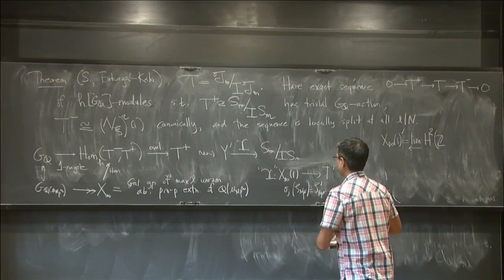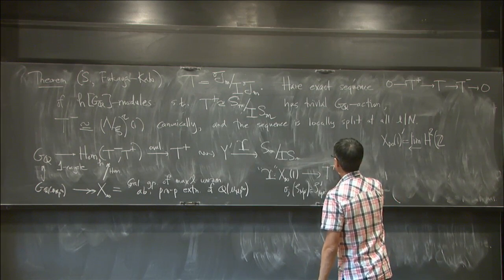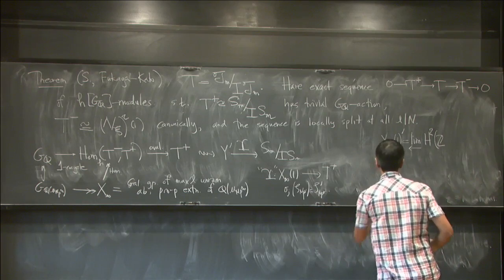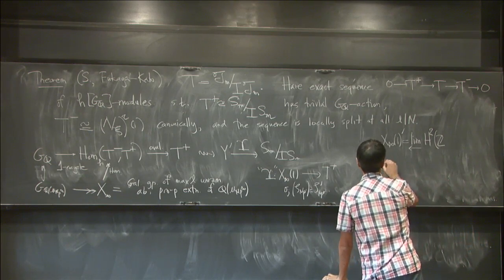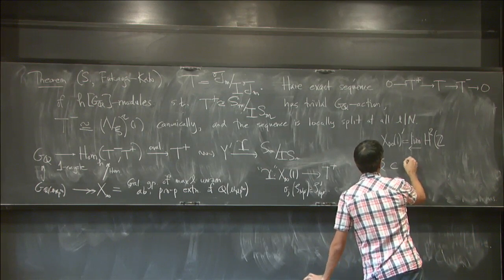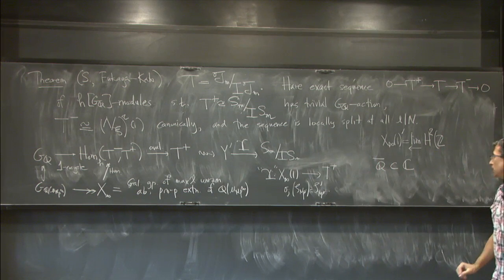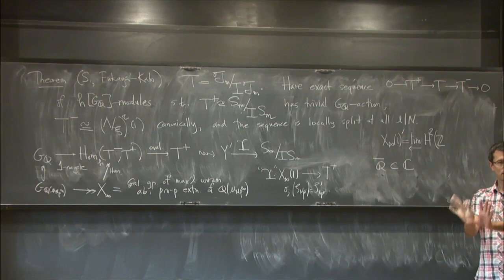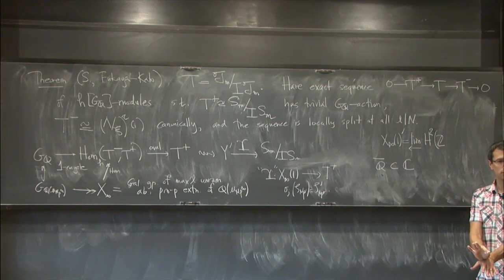So I'll write it again here. Somehow this depends on a choice of compatible sequence of p-power roots of unity. Yes, but everything is dependent. One way to think of it, I actually show in the paper that nothing depends on this choice. But we might as well think of Q bar as inside C, so I fixed that from the beginning. Q bar is the set of algebraic numbers.